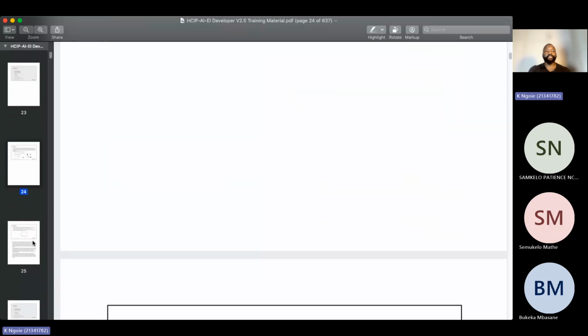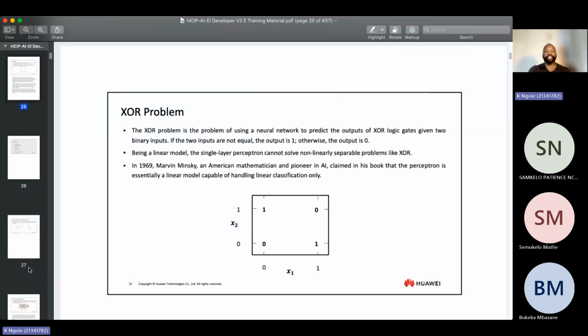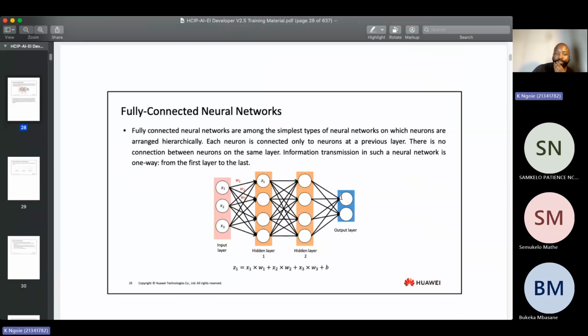The main purpose of the activation function is this: whenever you have a neural network, we have the information from the previous layer multiplied by the weights, and the sum of all those weights plus a certain bias gives the output inside the next layer. But before we get to the next layer, we apply an activation function which will convert that value into a certain value in a certain range.